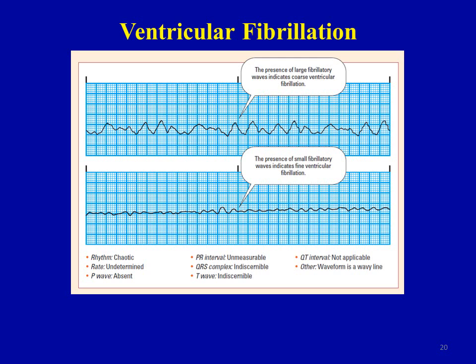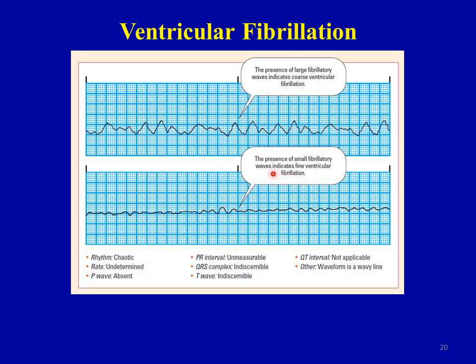It is a life-threatening condition because the ventricles fail to eject enough blood into the great blood vessels, and this will compromise the blood flow into the circulation. We have two types. We have coarse ventricular fibrillation, like we can see here in the upper strip. The presence of large fibrillatory waves indicates coarse ventricular fibrillation.